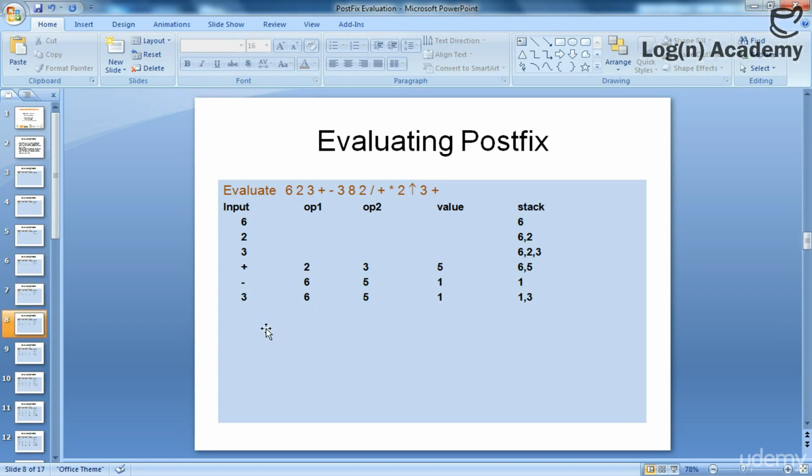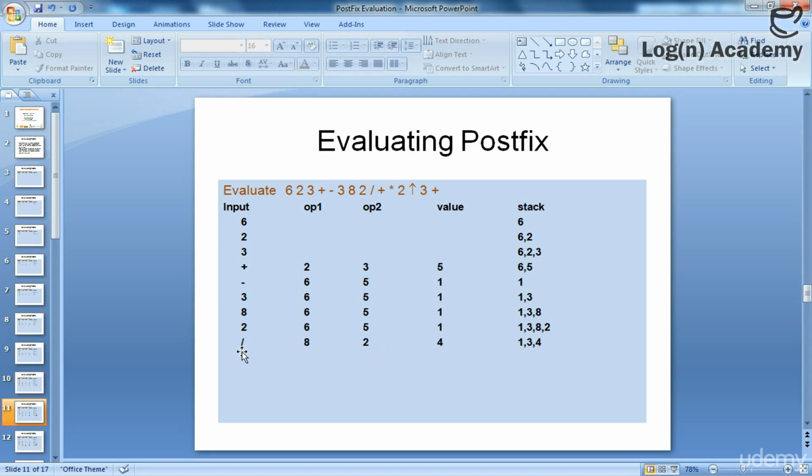Okay, now we have 3 as an input, and we have pushed that 3 into the stack. Again, we have 8, we have pushed the 8 into the stack. We have 2 also, pushed into the stack, and at the top of the stack we have 2, then 8, and then 3, and then 1.